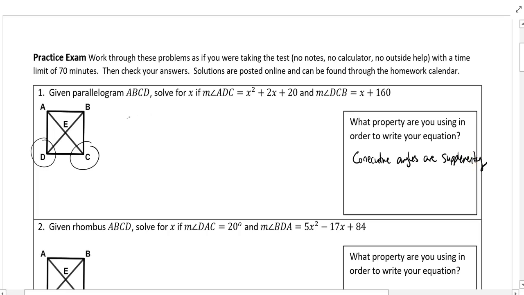And so you're going to take those two angles, measure of angle ADC plus the measure of angle DCB, add them together, set them equal to 180. That's what we mean by supplementary. So x squared plus 2x plus 20 plus x plus 160 is equal to 180.